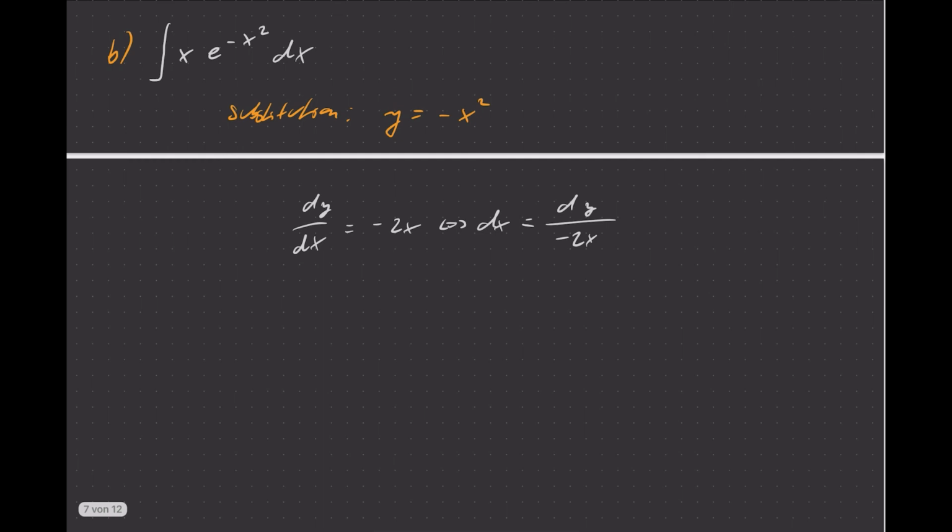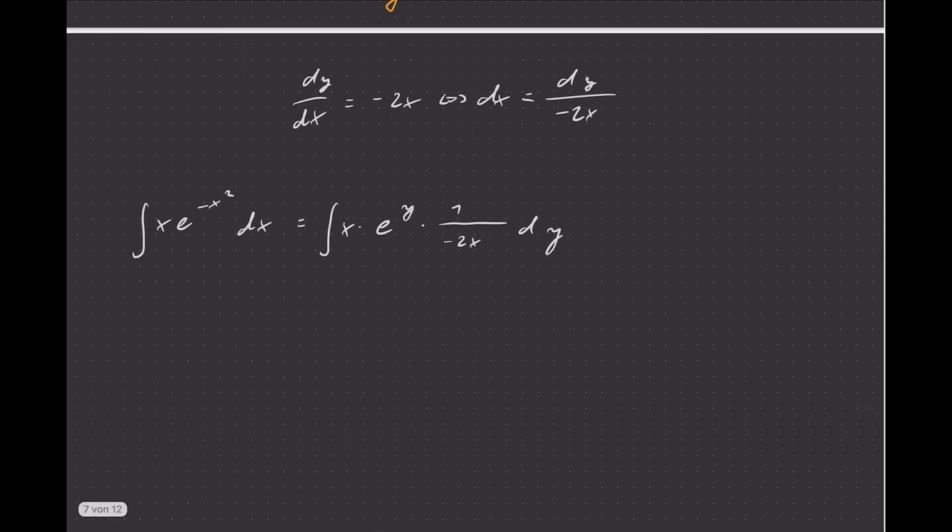And then let's take this integral here. Do the substitution. So then we get x times e to the y times 1 over minus 2x dy. And again, what happens is the x cancels out. So we just get rid of that unwanted variable.